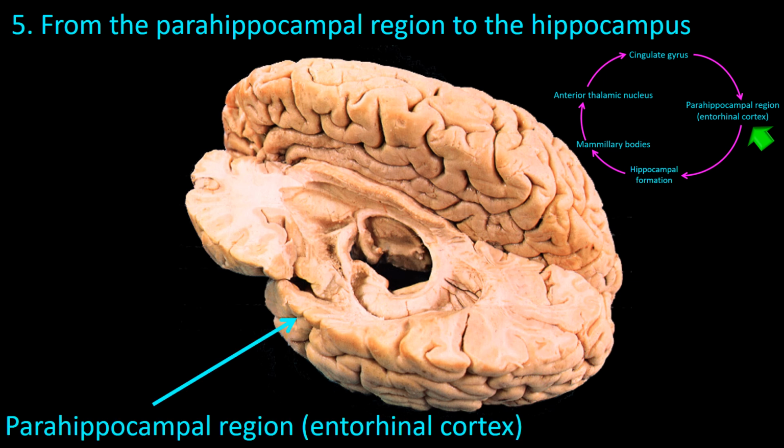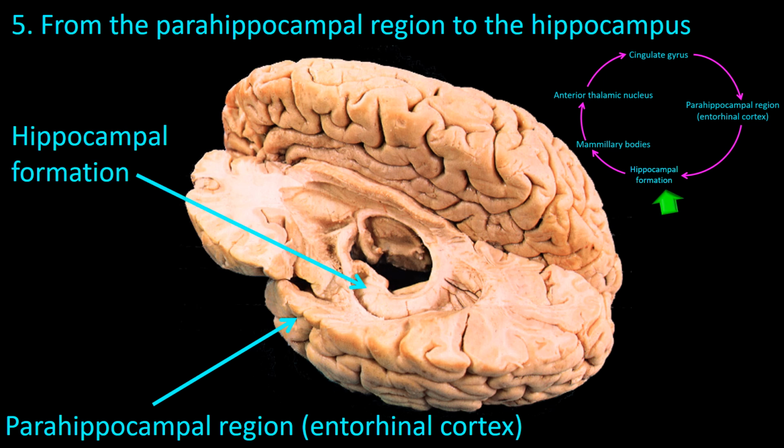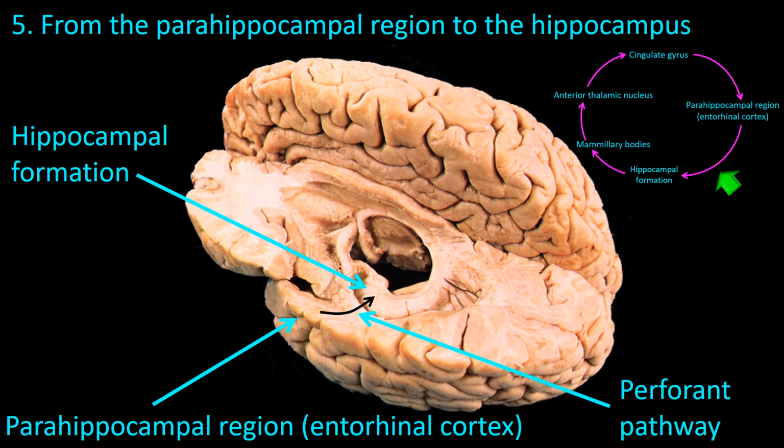Here I am pointing to the parahippocampal region and here to the hippocampal formation. The connection between the parahippocampal region and the hippocampal formation is made by the perforant pathway, which I have drawn in this frame and now labeled.